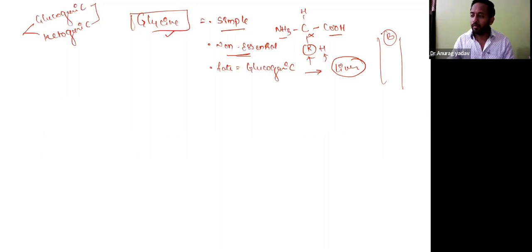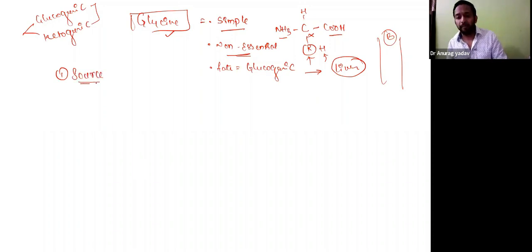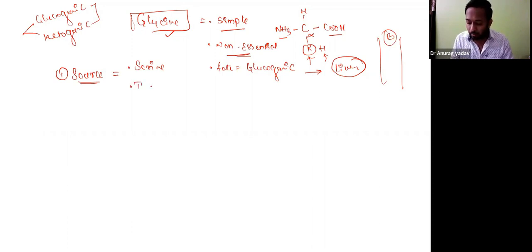Now, a few things we have to know in glycine. One is how it can be synthesized, or what are the sources of glycine. Okay, when we see the sources of glycine, we have some sources like, for example, the amino acid serine. Serine can be converted into glycine. Okay, serine can be converted into glycine. Second is one more compound, threonine.